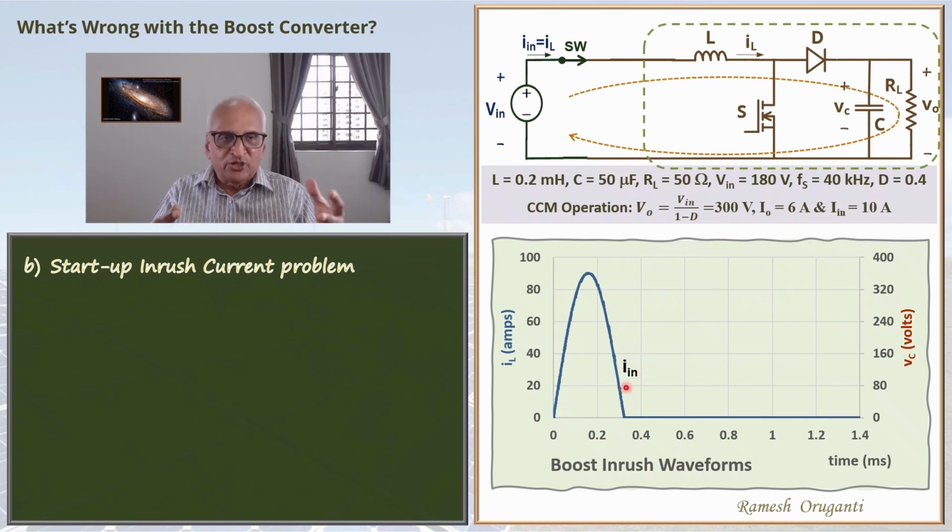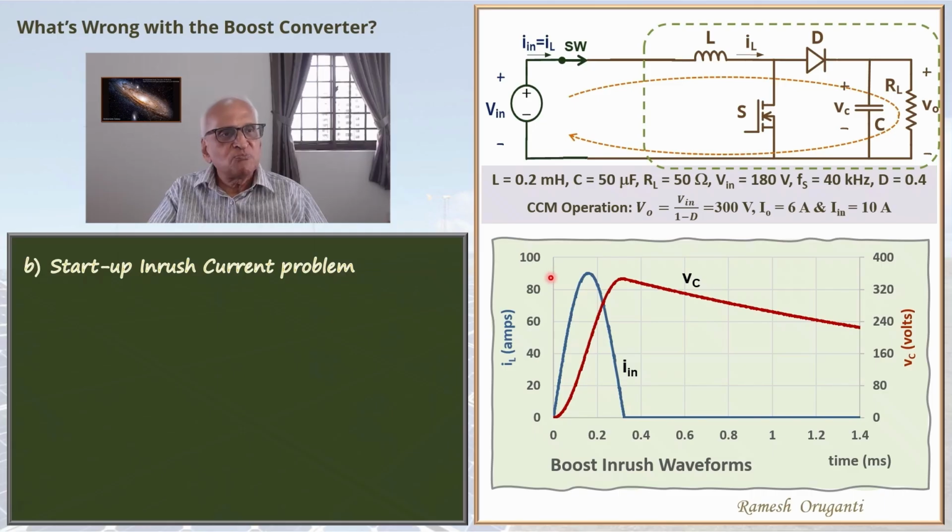When we do that, you can notice that there is a big inrush of current due to the L and C resonance circuit. The peak value of the inrush current is 90 amperes, which is much more than the 10 amperes steady state value of the input current. The simulations in this video are carried out using LT Spice. A link is provided below.